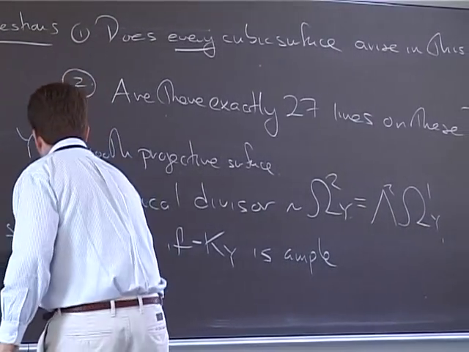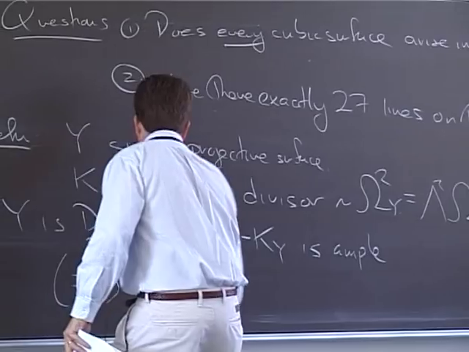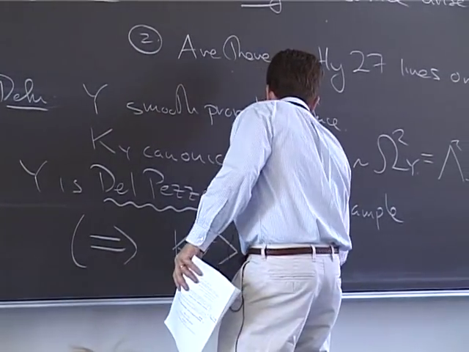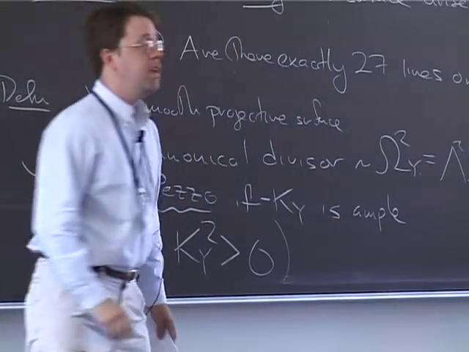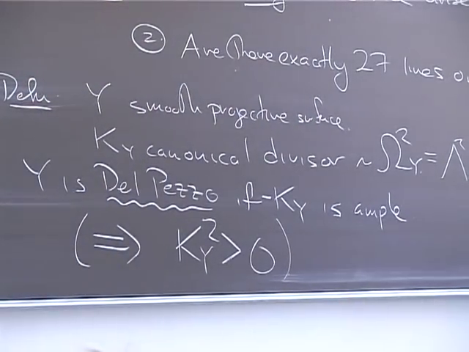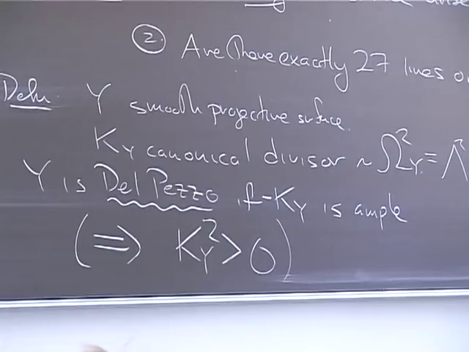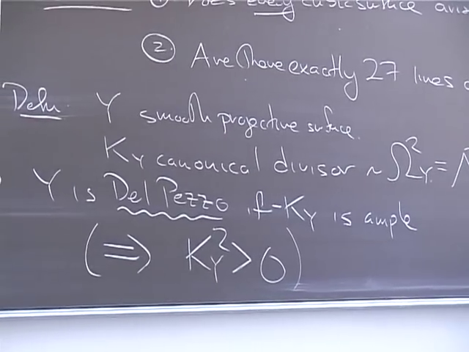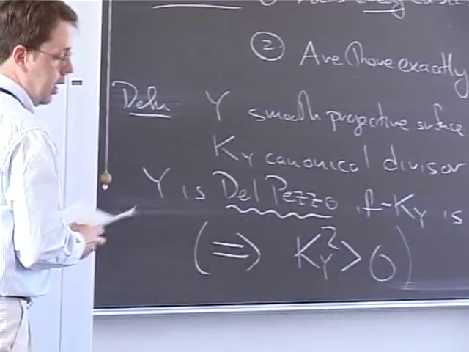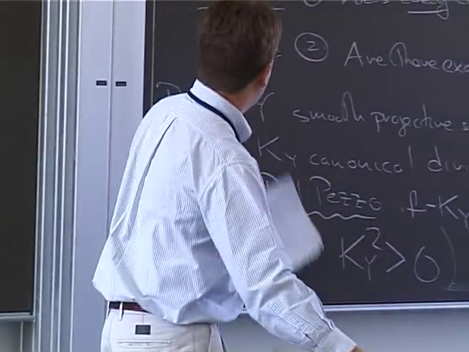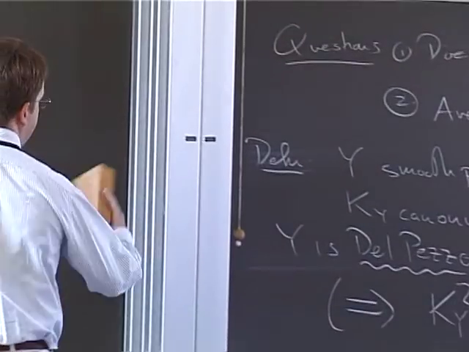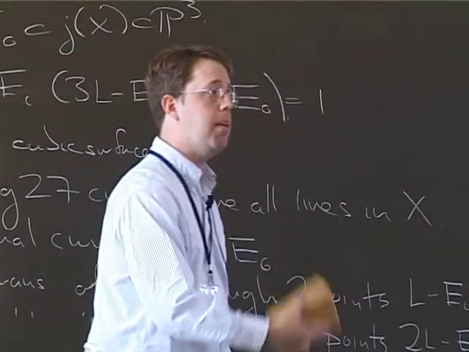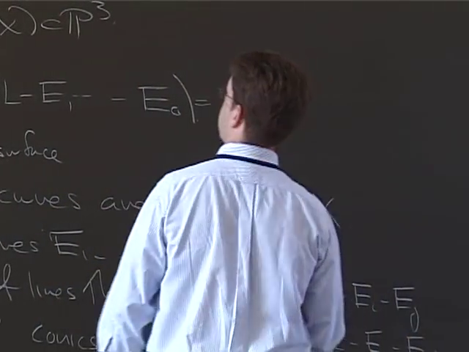And one consequence of being del Pezzo is that K_Y squared is always positive. Because if you take an ample divisor, you square it, you have to get a positive number. Or minus an ample divisor. So using this idea, we can start to analyze the structure of general cubic surfaces, ones that don't come a priori from this blow-up realization.